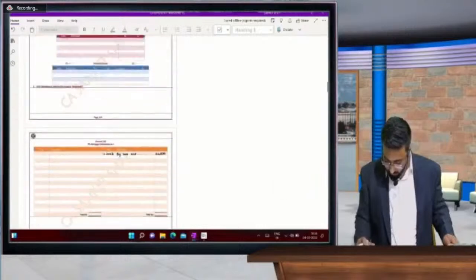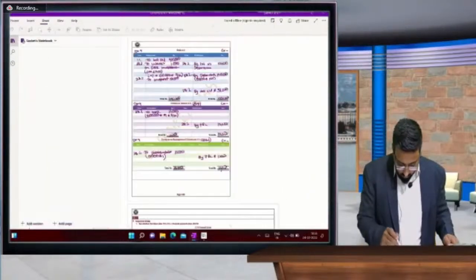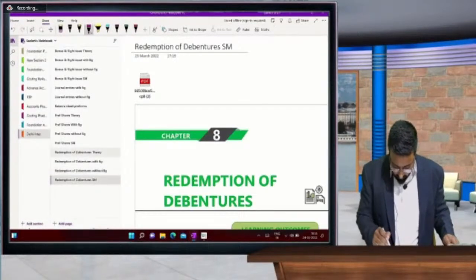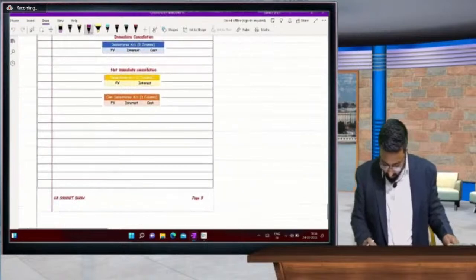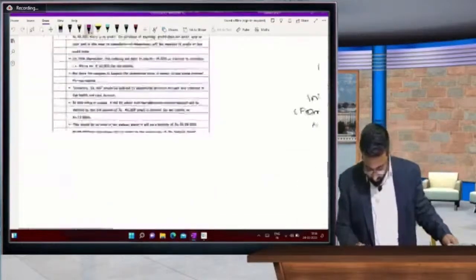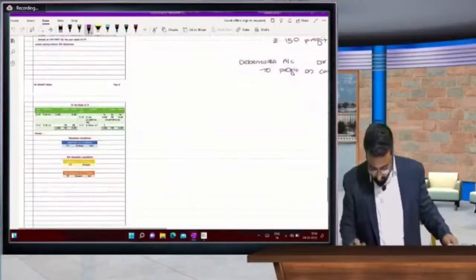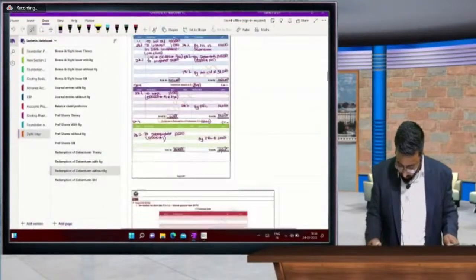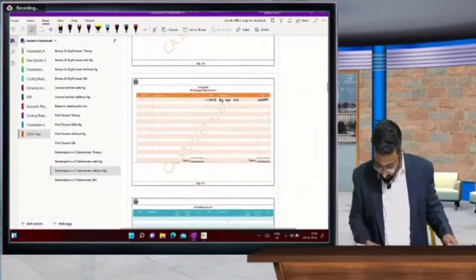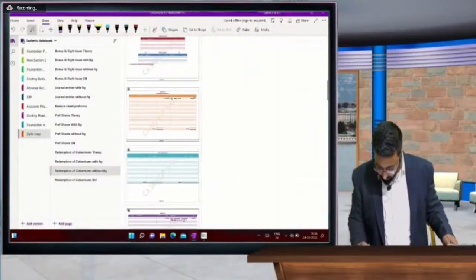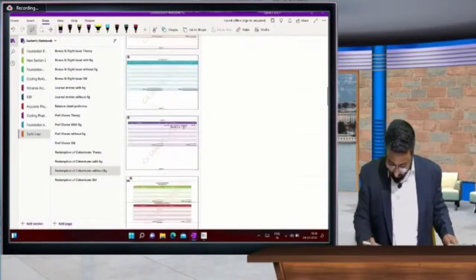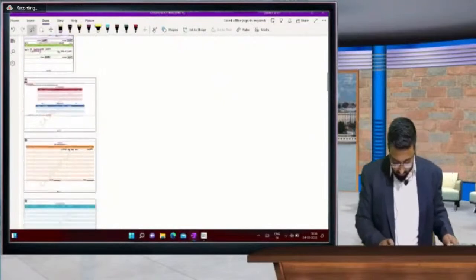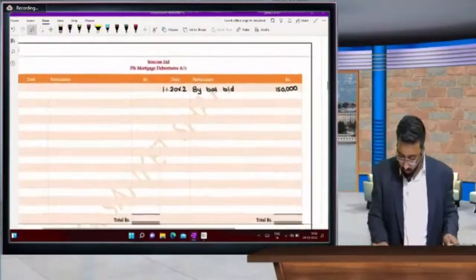I wrote it here, just checking the answer. These are steps. The sequence you have written, just check it. Okay, buy balance brought down over.